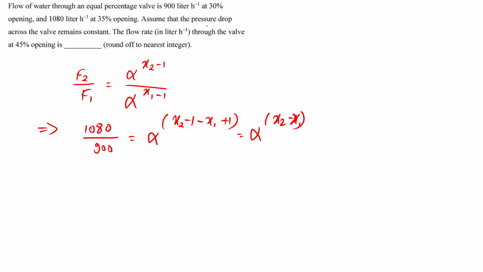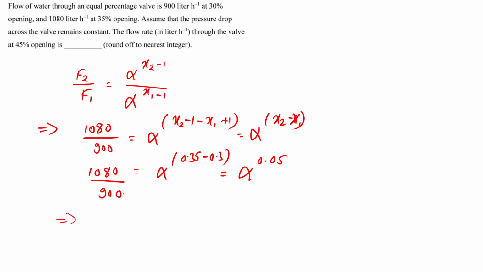Now x2 is 0.35 and x1 is 0.3. That will become alpha raised to 0.35 minus 0.3, that is alpha raised to 0.05, is equal to 1080 upon 900.